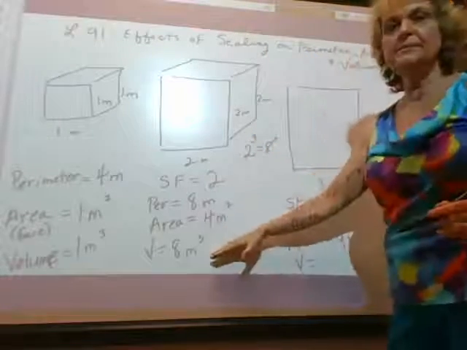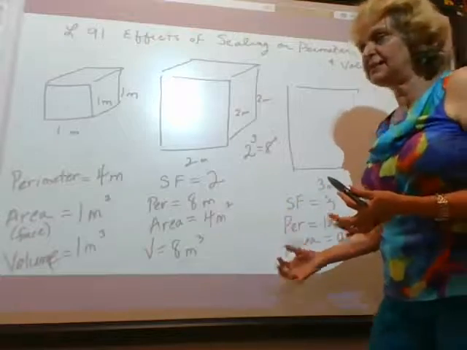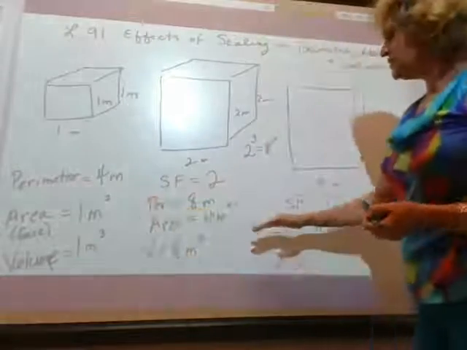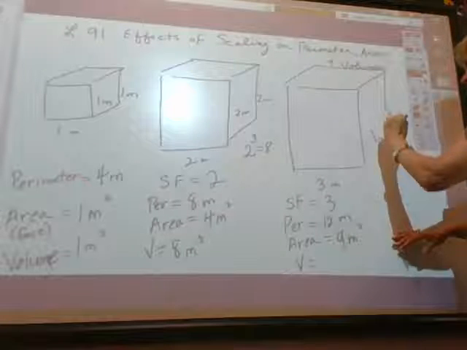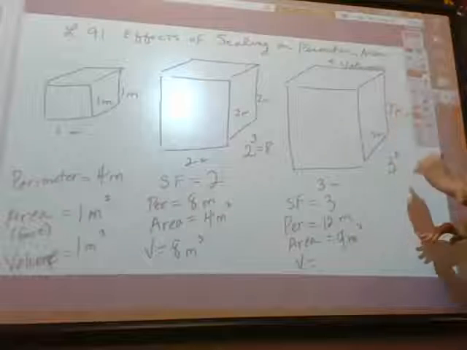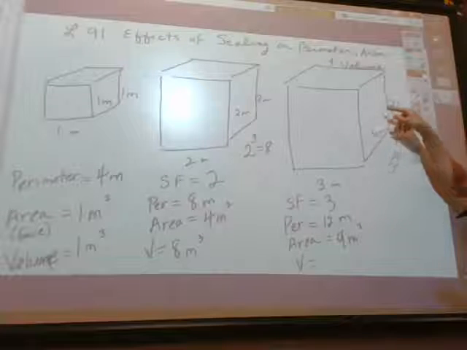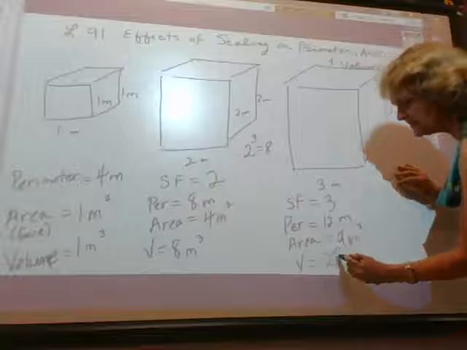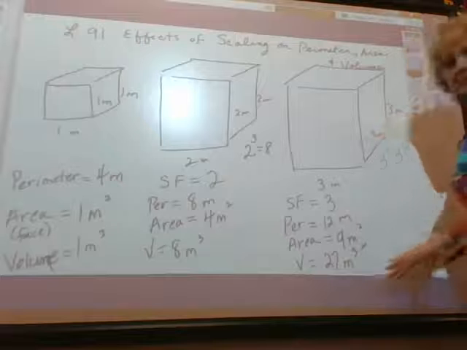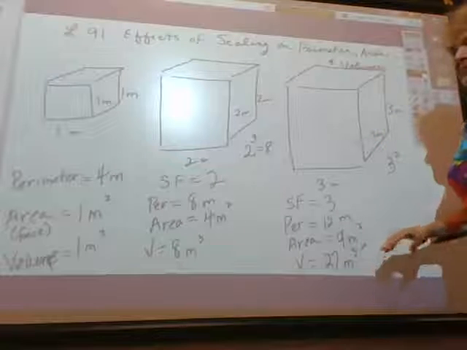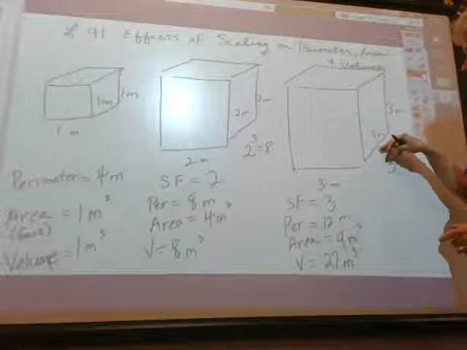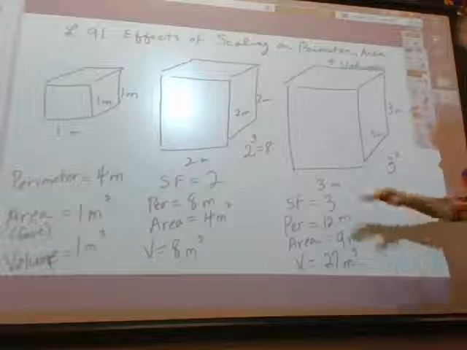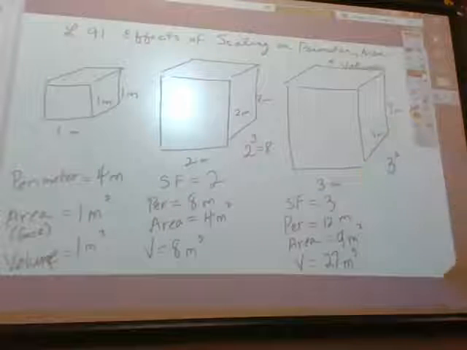So the volume has been multiplied by 8 from the little one. So what happens here? Well, again, I'm going to make it a cube. And so 3 by 3 by 3, 27 meters cubed. Okay? Again, I cubed this way, and this way, or multiplied by 3, scale factor 3.